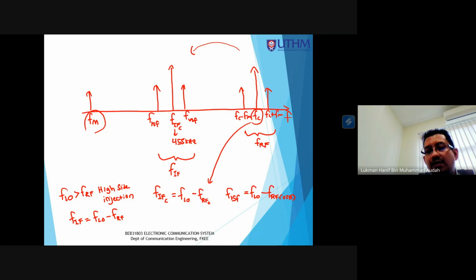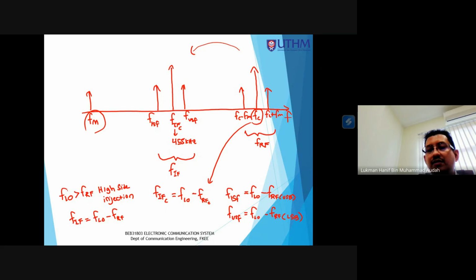Okay, and then the upper side frequency is equal to FLO minus FRF LSB. This is LSB.